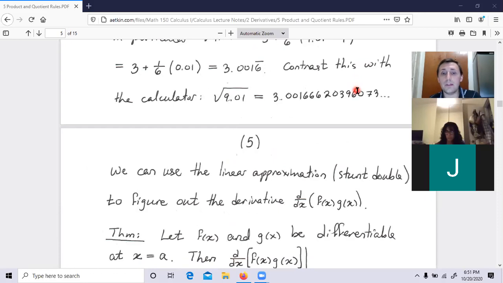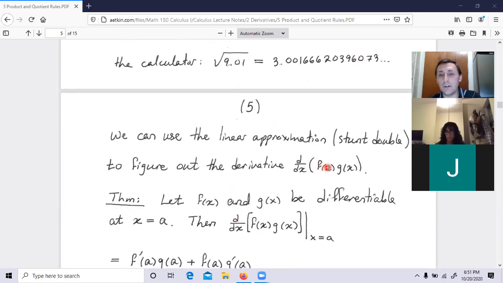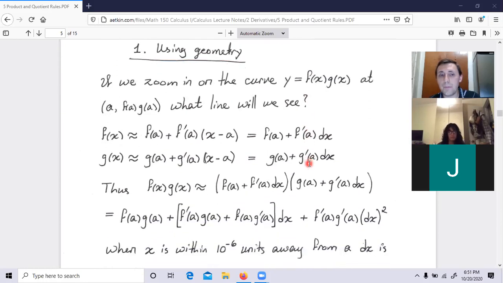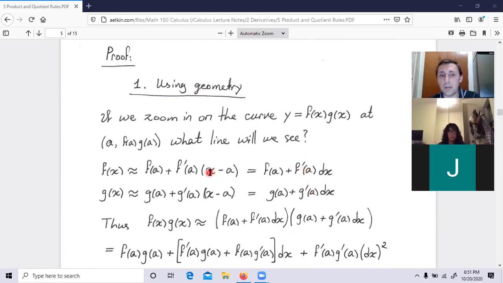So if I take the derivative of f times g, I'm assuming that f and g are differentiable. This is what happens, guys, right? So x minus a, I will call dx for short, okay? I'm interested to know what is going to be the line that I will see when I zoom in at the product f times g. When I zoom in at this product, what line will I see? And the way I think of it is this.